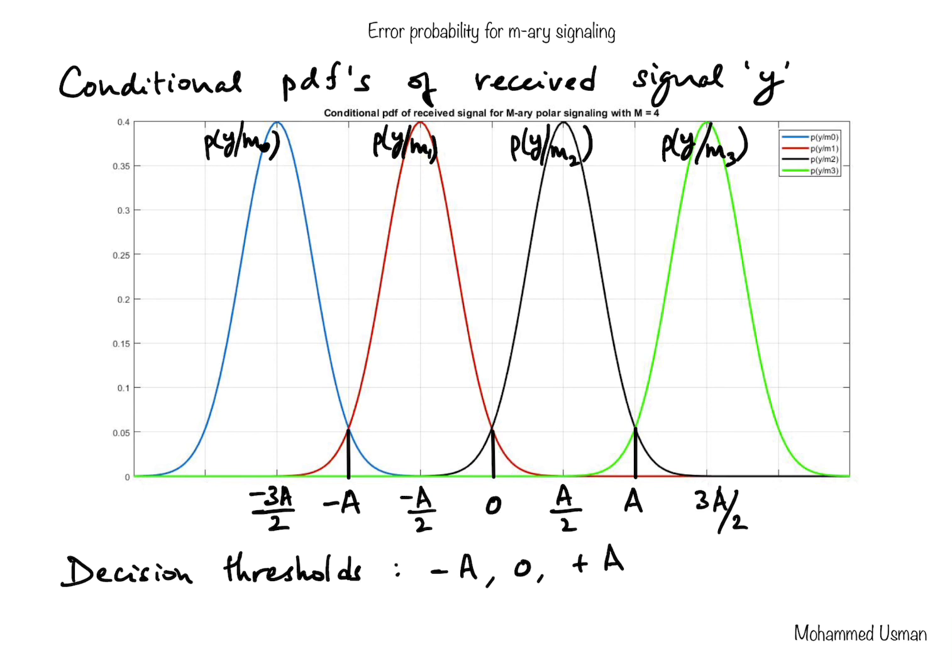So the decision rule would be, if the received signal y is less than minus A, decide M0. If it is between minus A and 0, decide M1. If it is between 0 and A, decide M2. And if the received signal y is greater than A volt, decide in favor of M3. So that would be our decision rule.